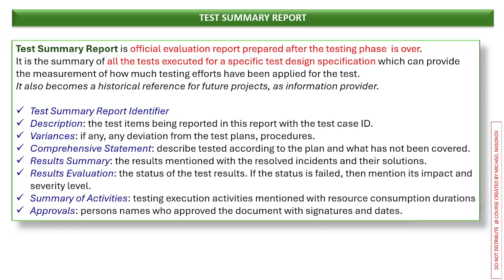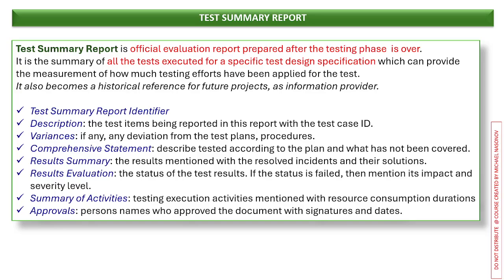What are the contents? First of all, the summary report identifier, description, the test items being reported in this report with the test case IDs. Variances, if any deviation from the test plan's procedures or requirements. Comprehensive statement: describe testing according to the plan and what has not been covered.